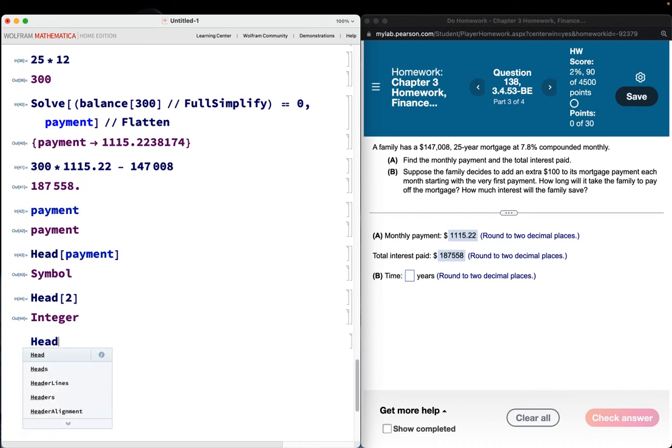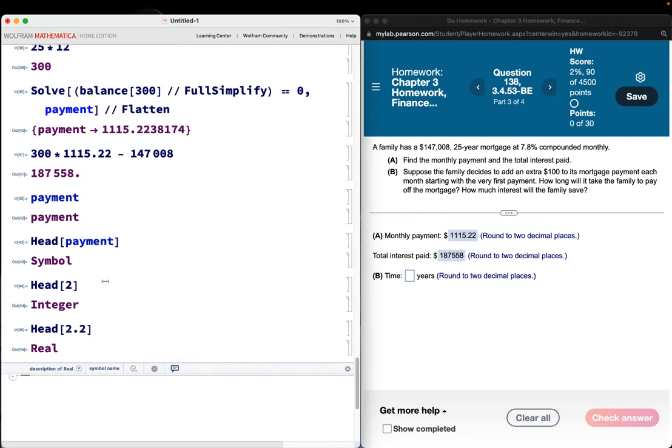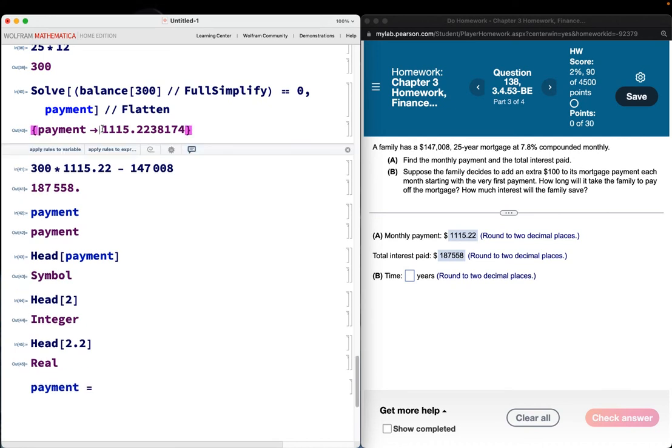That's an integer, right? What about 2.2? That's a real number, right? So, Mathematica has different types. So here we need to define payment, all right? So payment is going to be equal to this value.